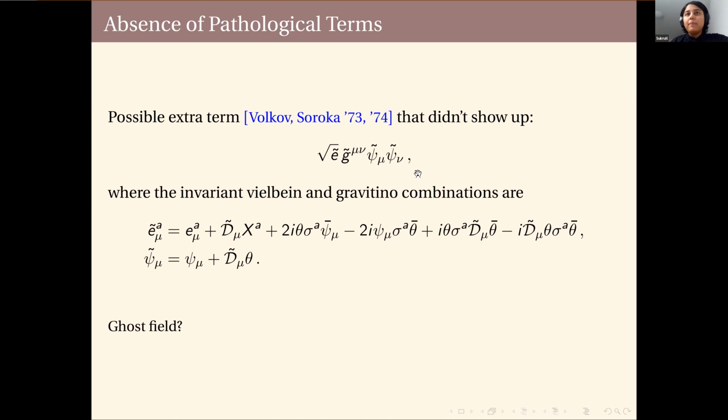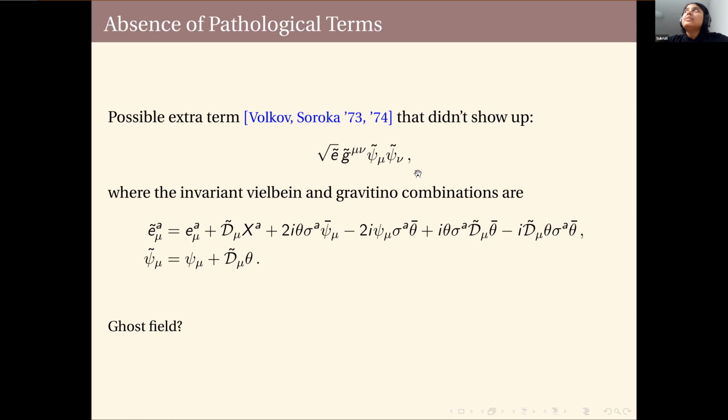Like they are not forcing us to couple to some new scalar or matter fields. So they can very well exist in the Lagrangian in principle, but such terms do not show up at least via the constructions that I have explained in this talk.